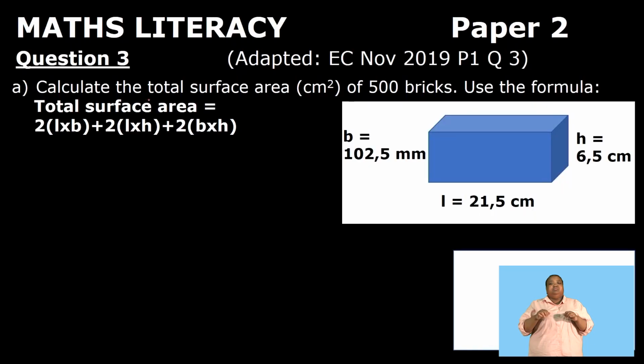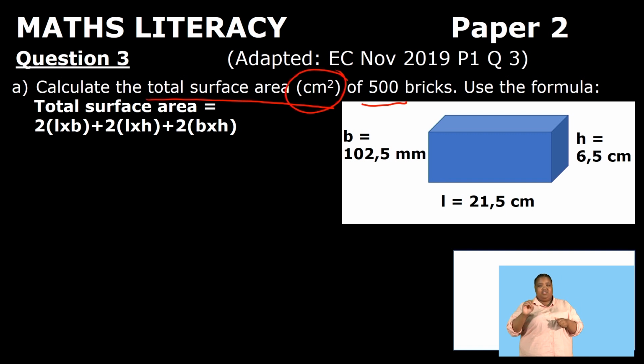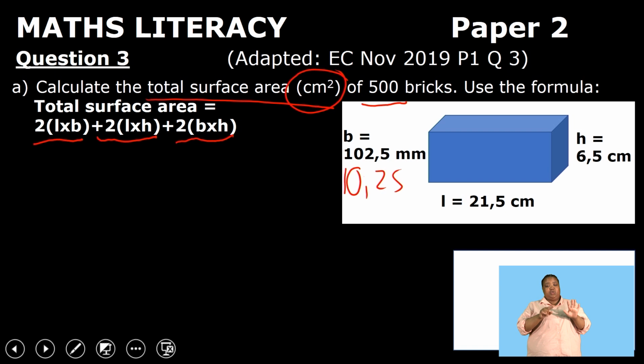Calculate the total surface area in centimeters squared of 500 bricks. Use the following formula: 2 times length times breadth plus 2 times length times height and 2 times breadth times height. So now we need to remember we already converted to 10.25 centimeters.